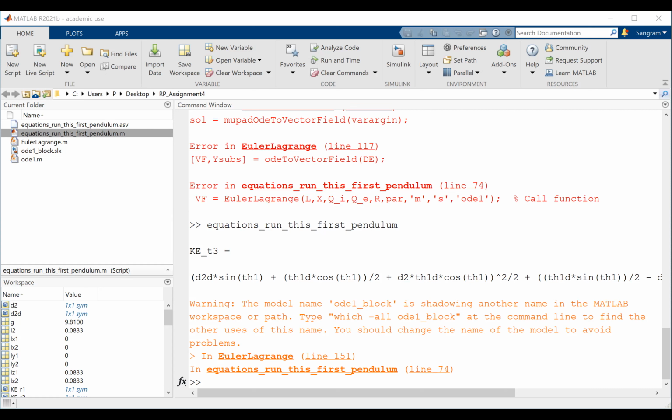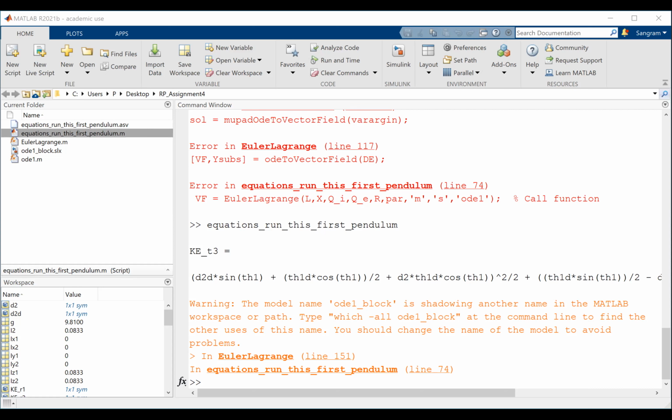So everyone is good till Lagrangian. Now the next part is we have to use the Euler-Lagrange code. And now I want to specify a few things. This X are the states or the symbolic variables that we defined.